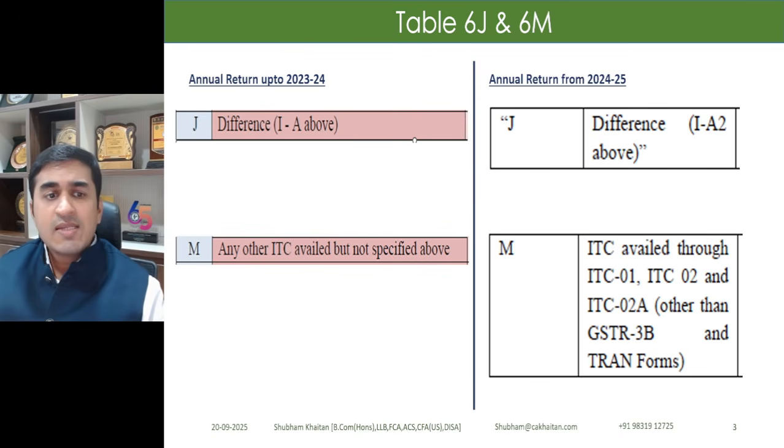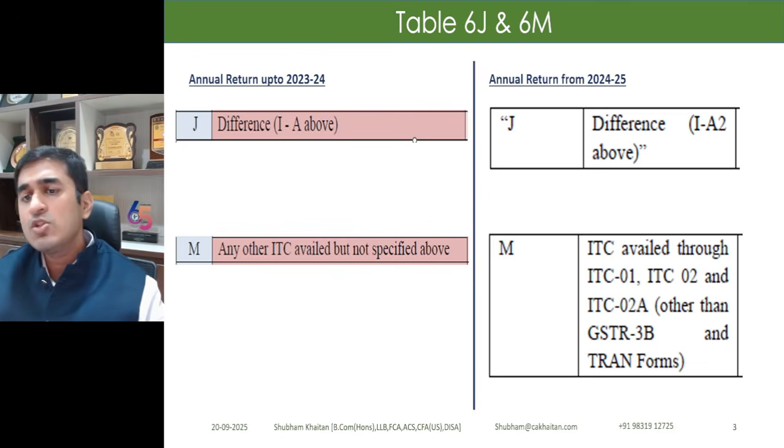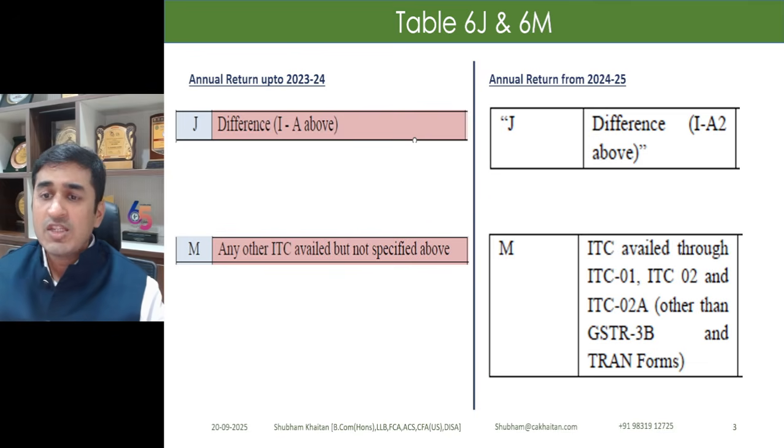6M. 6M earlier was any other ITC availed but not specified. But now we have understood that for 6M, there is no requirement of having a residuary clause. Rather, what they have stated here is that ITC can only be availed either through 3B or through these forms, which are ITC 01, 02, 02A.